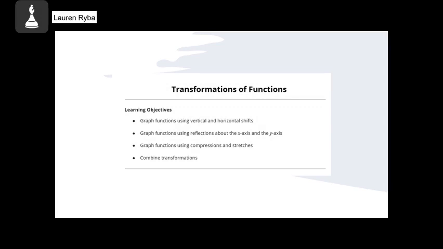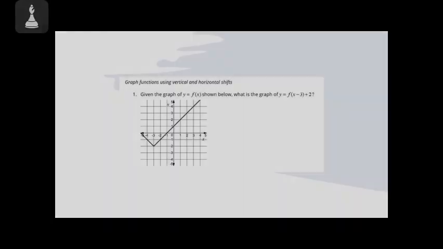Now we're going to actually graph some of these transformations. So if they give us our original function as a graph, we are going to show how it actually moves on the graph. The given function is graphed here, and we want to find the new function f(x minus 3) plus 2.